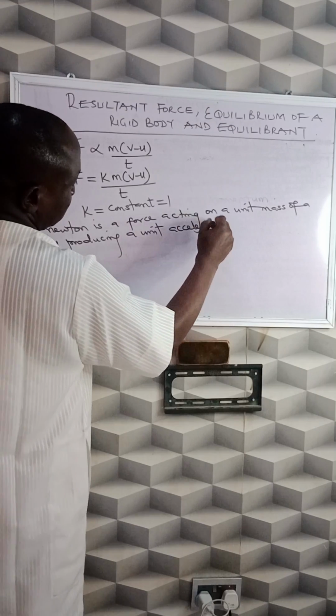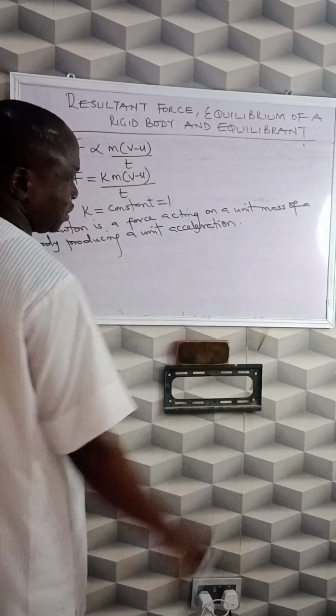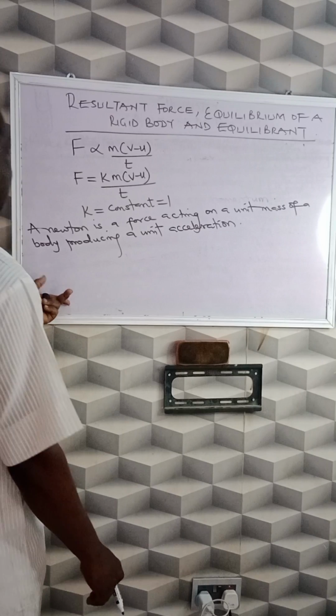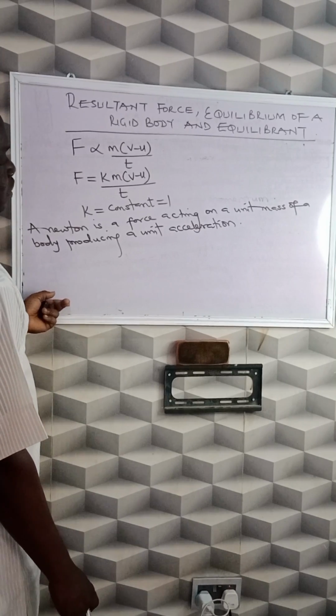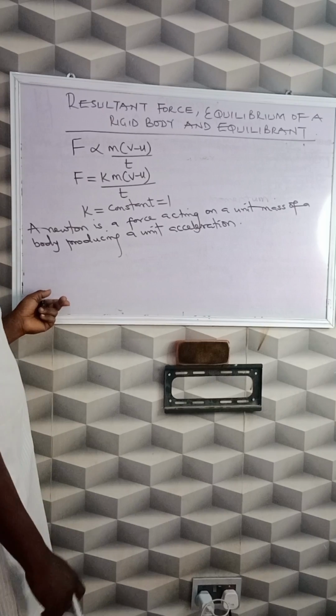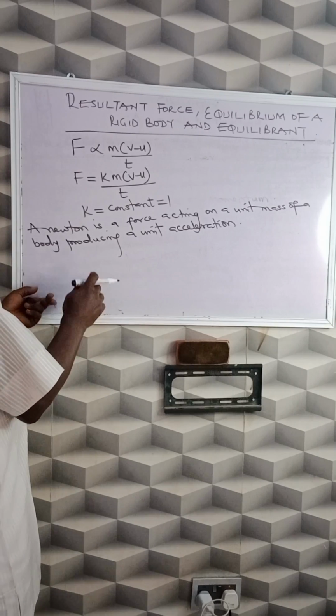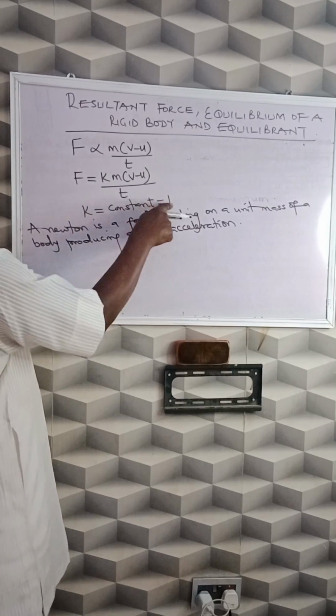A force acting on a unit mass of a body producing a unit acceleration. So k is taken to be 1 here.